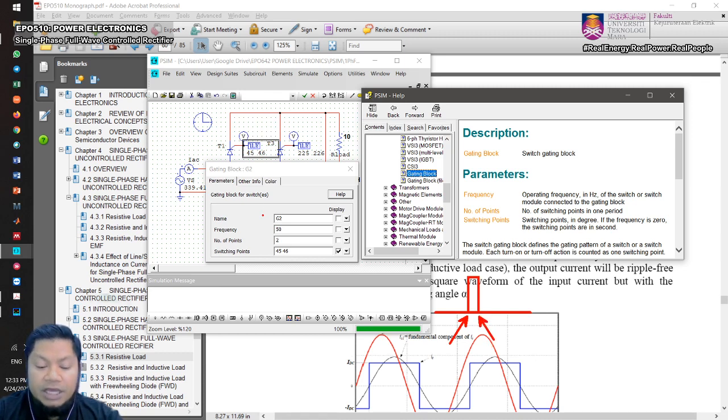So that's why you insert the number 2 here for the number of points, so that you can define these 2 points, whereby you have 45 degrees and 46 degrees for a short pulse. Okay, right.